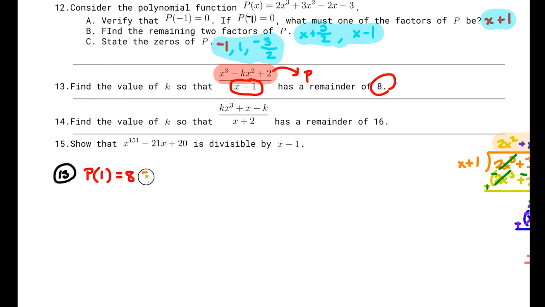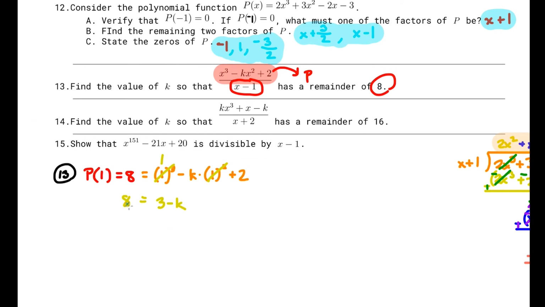So what I'm going to do here is try to find the value of k by plugging in 1 for the x for p. So it's going to be 1 cubed, so it's 1 to the 3rd power, minus k times 1 squared, plus 2 is equal to 8. Okay, well this is equal to 1, this is equal to 1, so you're going to be left with 3 minus k is equal to 8.